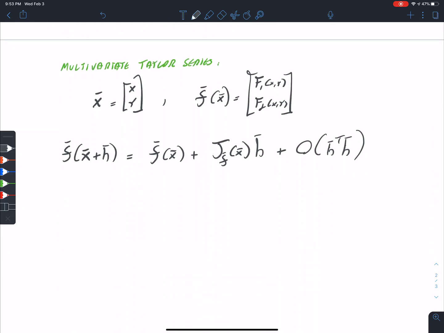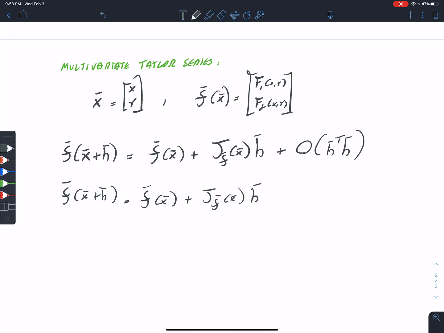So here we're going to throw away this term, and we're going to imagine that f of x plus h will be equal to just f of x plus J f of x times our h.